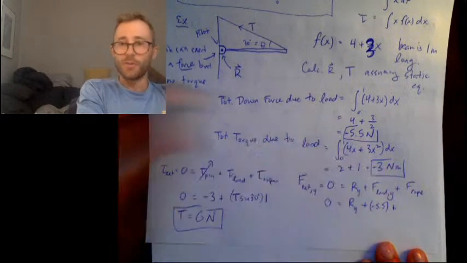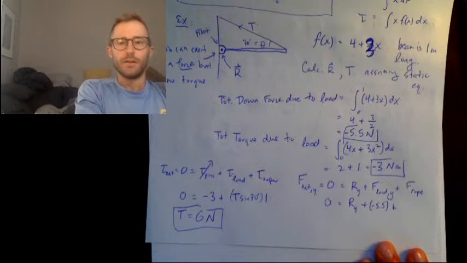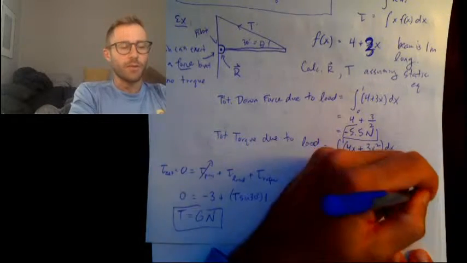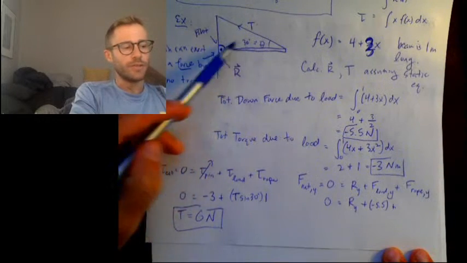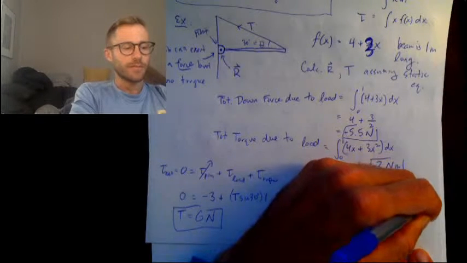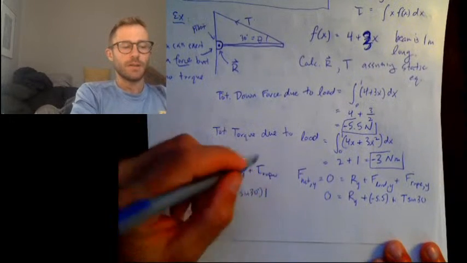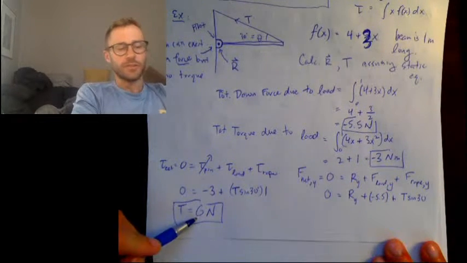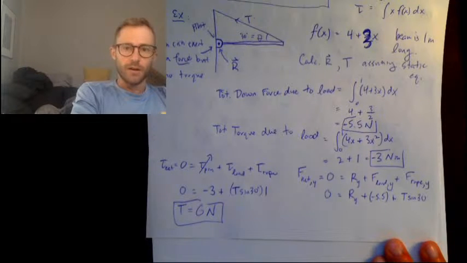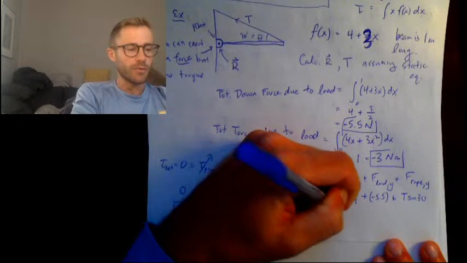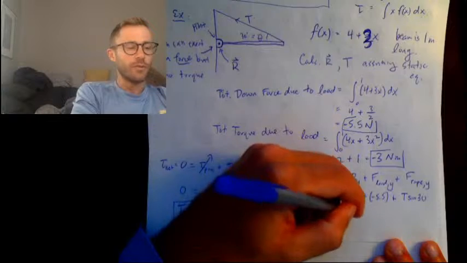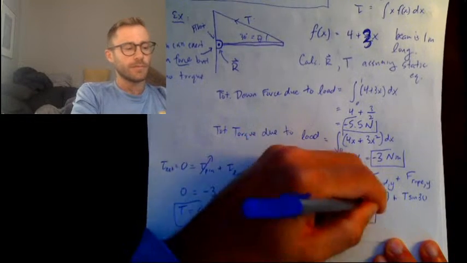And then the y component of the force from the rope is T sine of 30, which is 3, because the tension is 6 and sine of 30 is 1/2. So that tells us that the y component of the force from the support is 2.5 newtons.